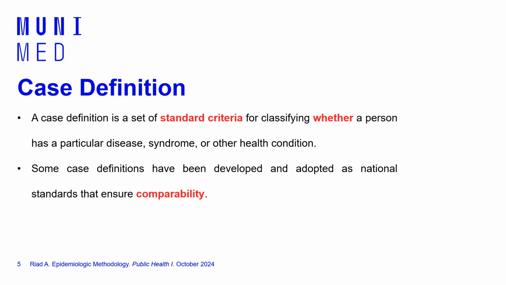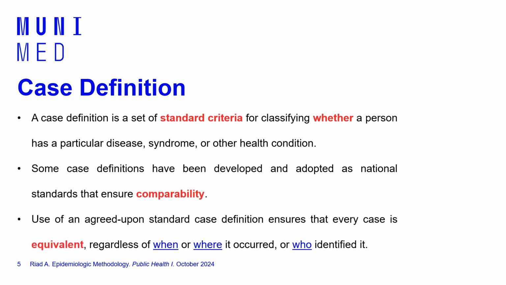All right, so the case definitions generally are designed and also updated on a regular basis at a national level in order to facilitate comparability. So the case definition of diabetes mellitus in the Czech Republic or in the European Union in general is more or less the same, because this will facilitate later on the comparison of rates of the same disease in different municipalities or different states within the place where this national case definition was used.